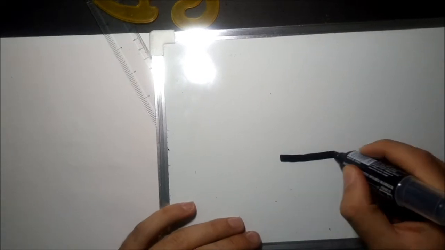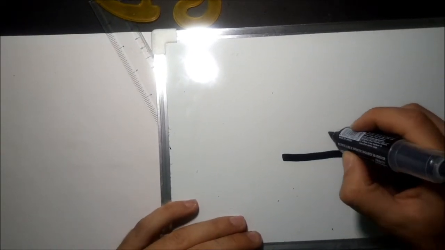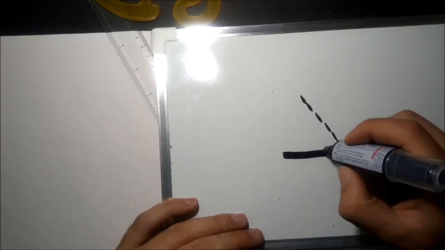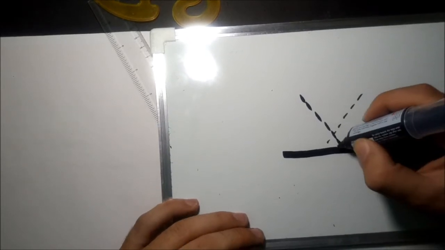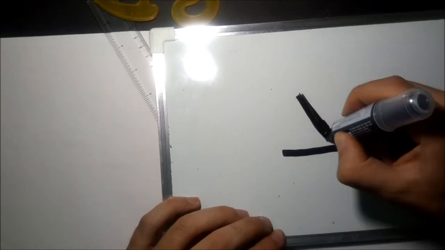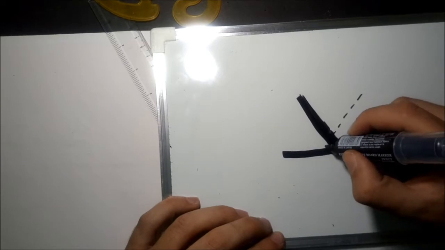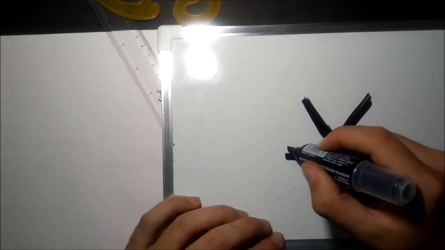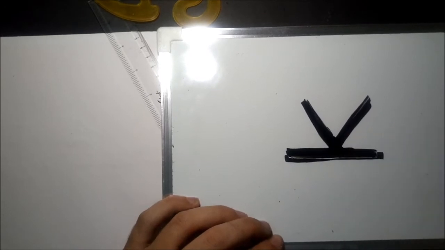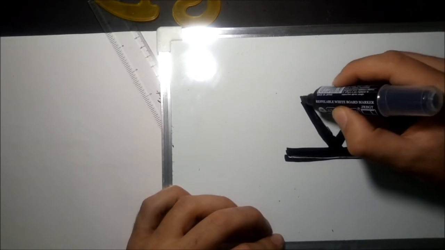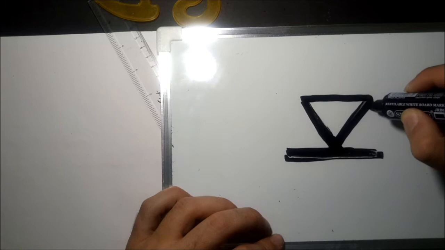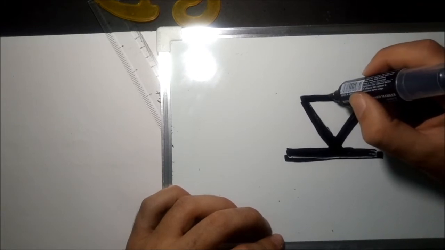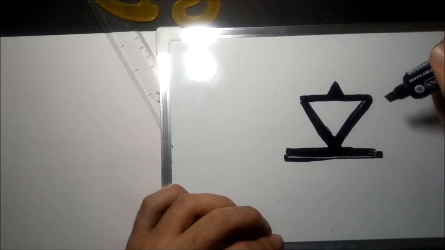You've got your baseline. You're going to take the 60-degree and another 60-degree. You'll have this line and this line. After that, you're going to connect those two together. And finally, you can add a small triangle up there.